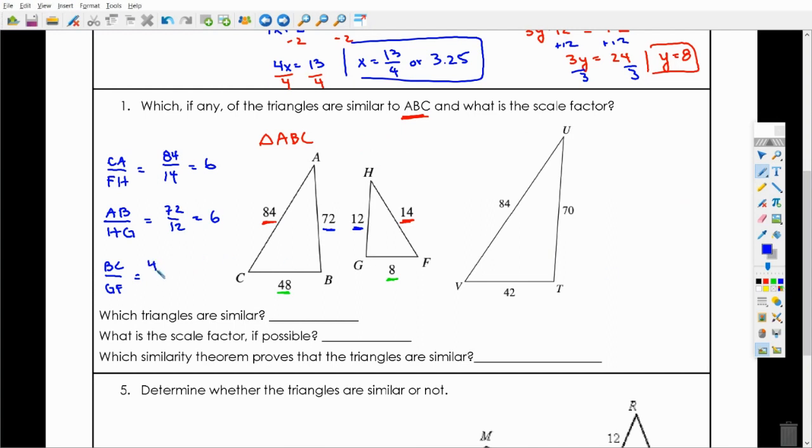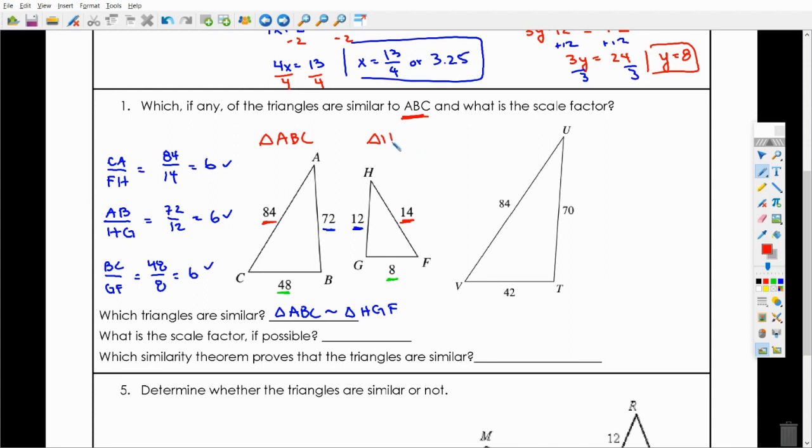Moving on back to this, 48 over 8 there is also 6. So it looks good. All the sides are the same proportion. So triangle ABC is congruent to, or sorry, not congruent, similar to HGF. Oh, okay. So the triangles there were actually good.